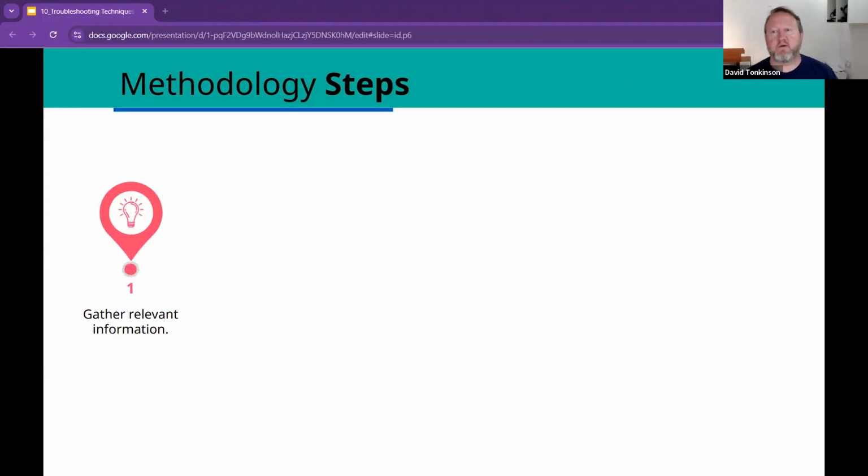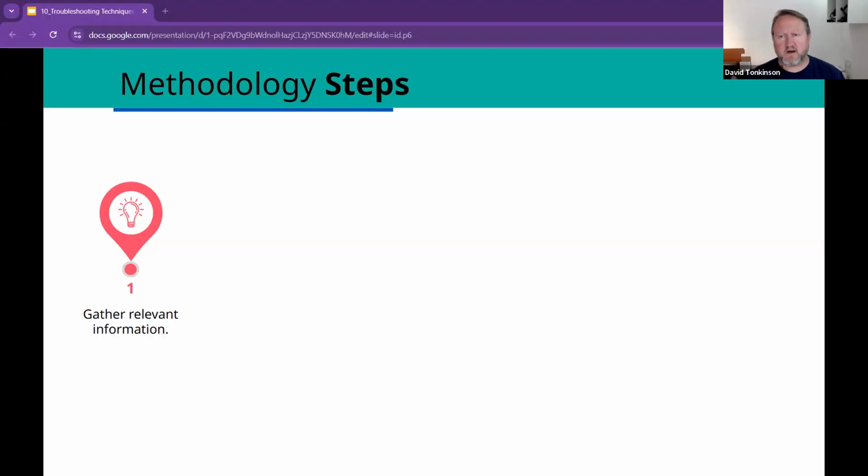So the first step that we do with everything is we gather relevant information. Now, we say relevant, but generally this is as much information as we can get hold of, okay? The more is always the way. You will always find, if you go onto a web platform and you're having issues, say, for example, with your browser, they will ask you a lot of other questions. They will ask you which operating system you're running.